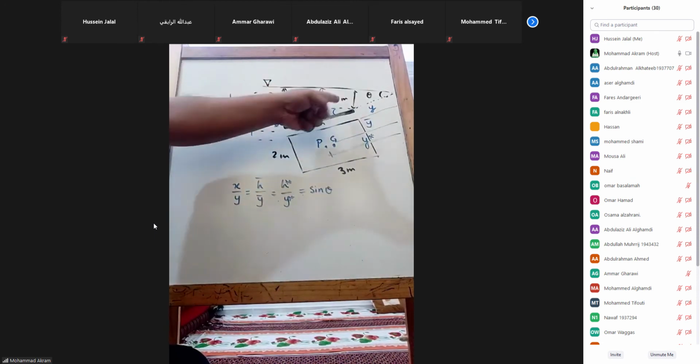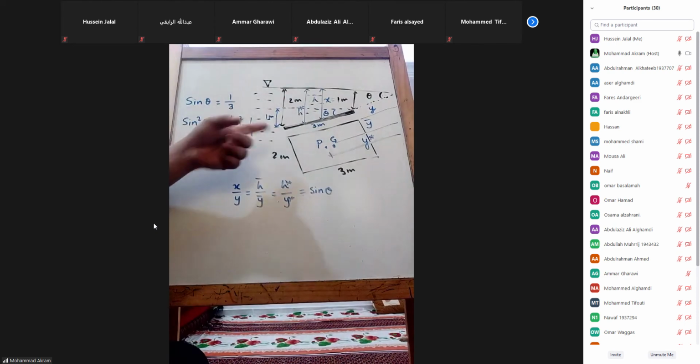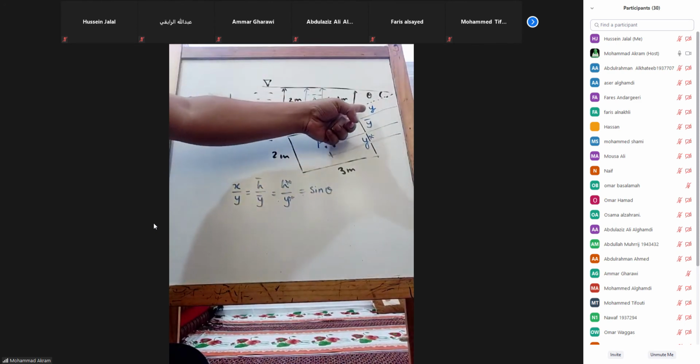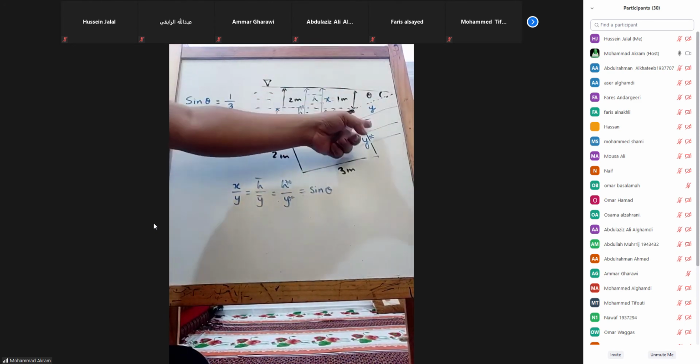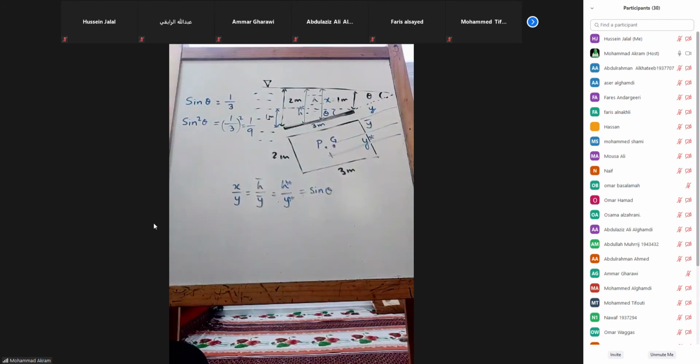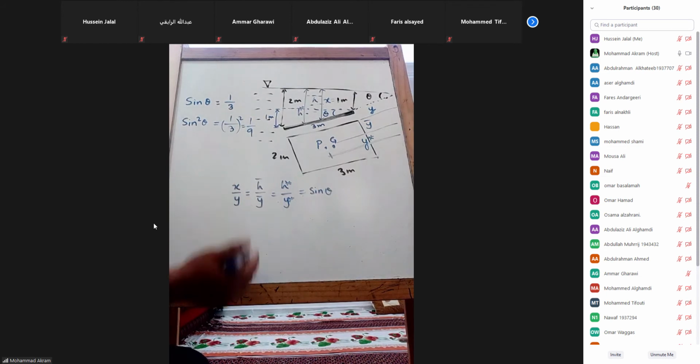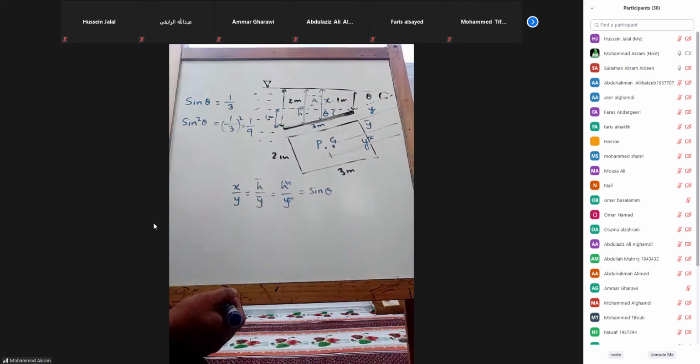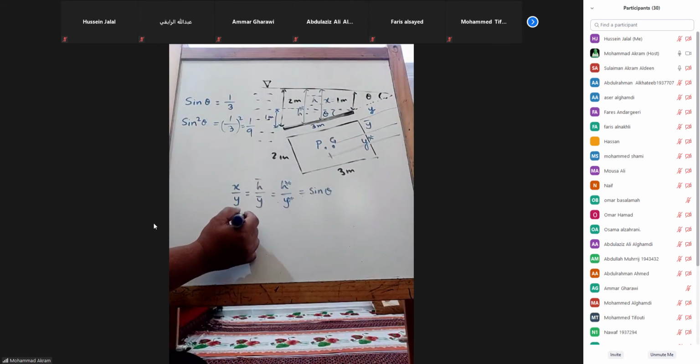You can say 3 different triangles. So theta is same. X divided by Y, H bar divided by Y bar, or H star divided by Y star, they will be same. Now X is given 1.